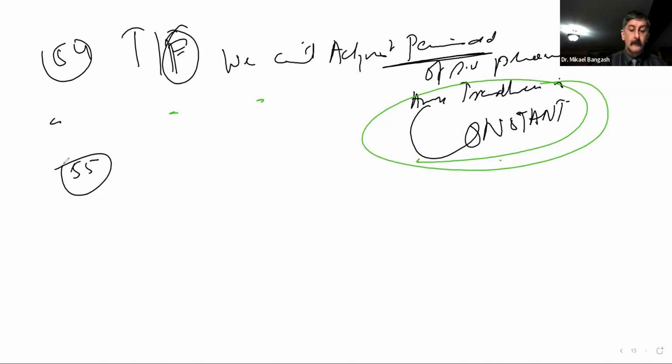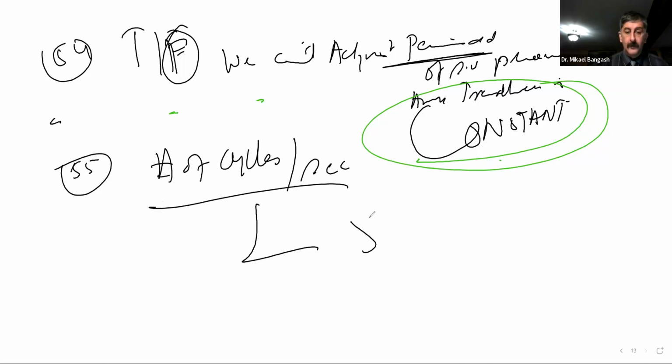Here, it is the number of cycles per second, and that is called frequency.